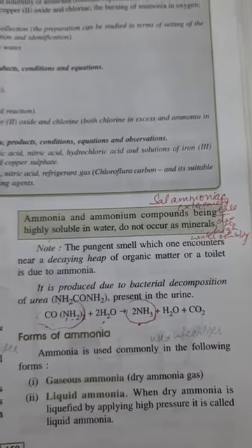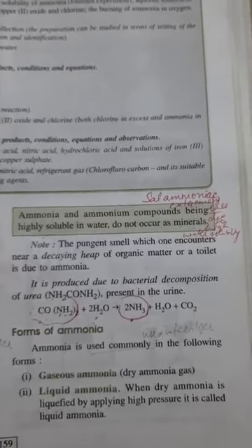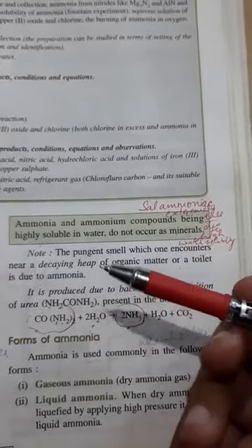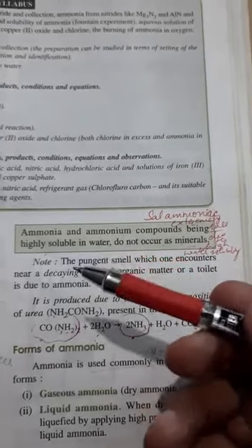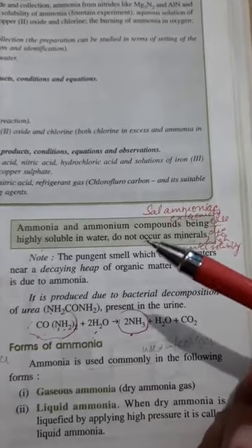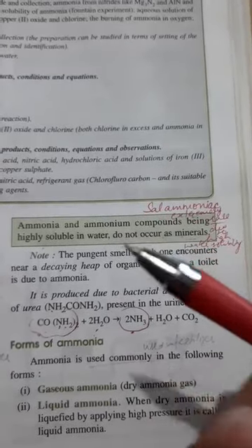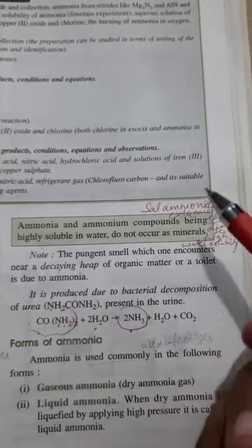Ammonia and ammonium compounds are highly soluble in water, so they don't occur as minerals. It means you will not find these types of ammonium compounds as minerals, because these are generally soluble, right? And they generally form weak bases also, like NH4OH is one of the weak bases, right? Clear?